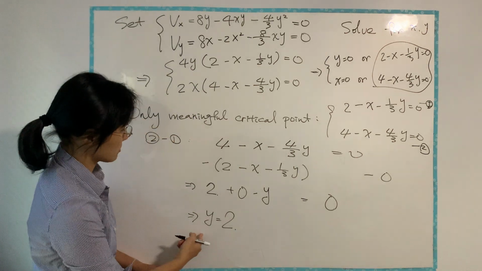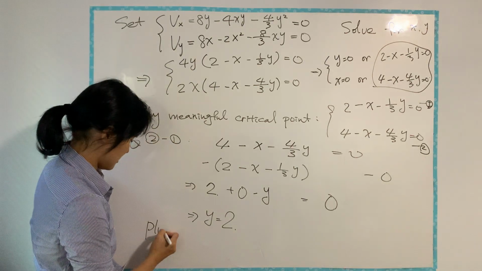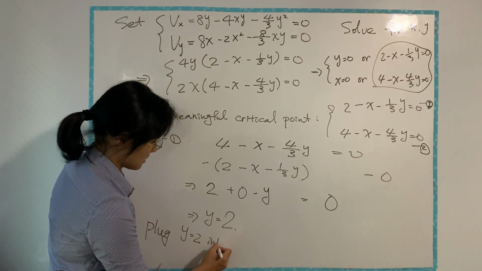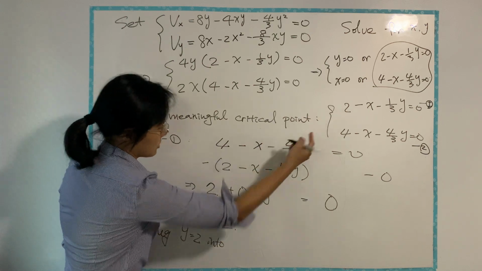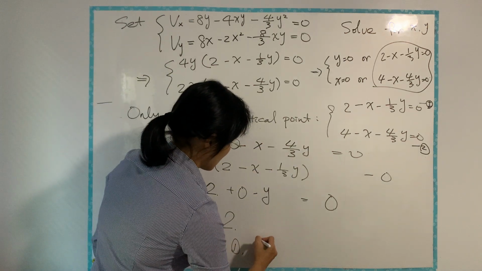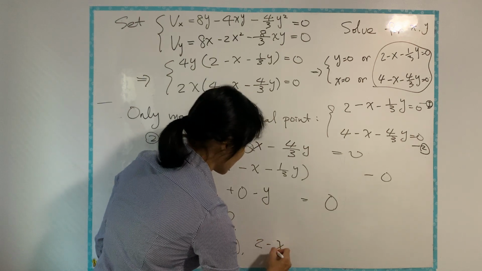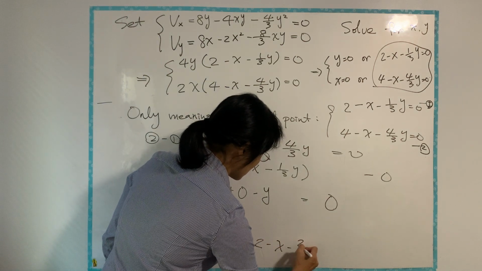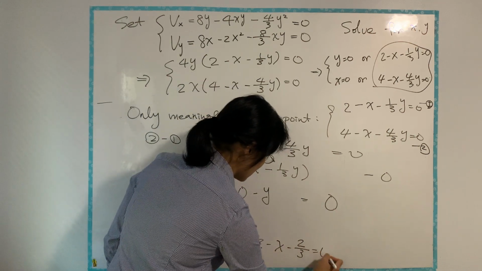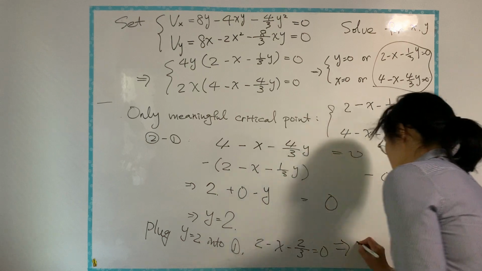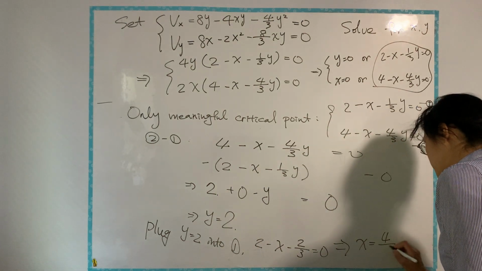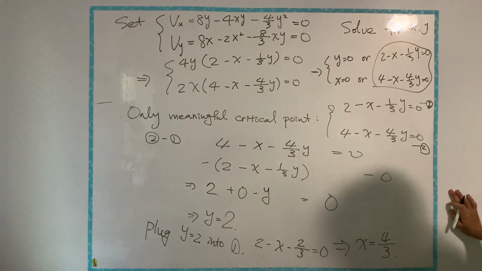And when y equals 2, plug y equal to 2 into either of these equations. So let me just do 1. I have 2 minus x minus 1/3 times 2. So let me just write it as 2/3 equals 0. So this tells me x is equal to 4/3. Okay?